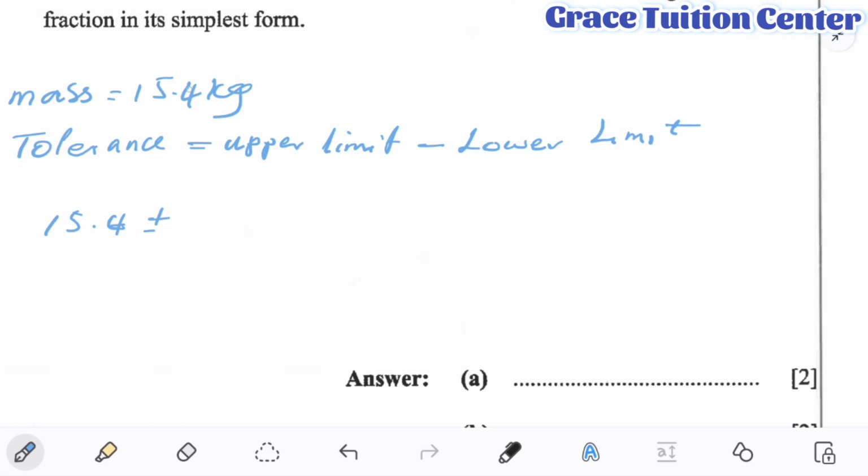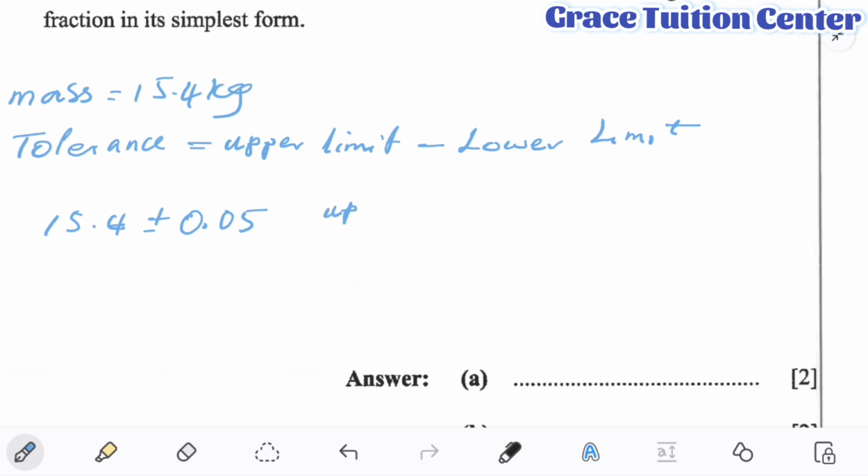This is one decimal place, so we are going to use 0.05 since our number is given to one decimal place. So we add and subtract 0.05 to the actual measure that we are given.